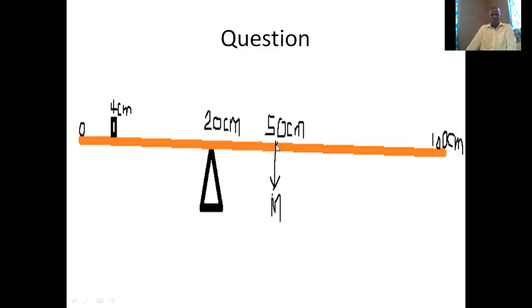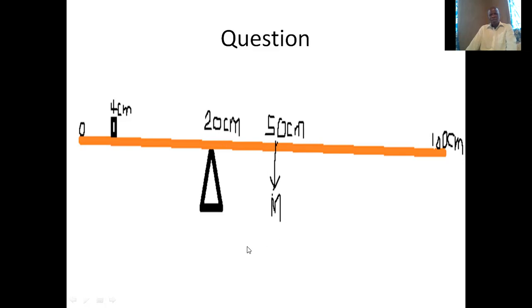So from the 20 centimeter mark to the 50 centimeter mark, the difference is 30 centimeters. And from the 4 centimeter mark to the 20 centimeter mark, the difference is 16 centimeters. And therefore, if this system balances, we have to multiply the mass of the ruler, which is m, by this distance, which is 30 centimeters.